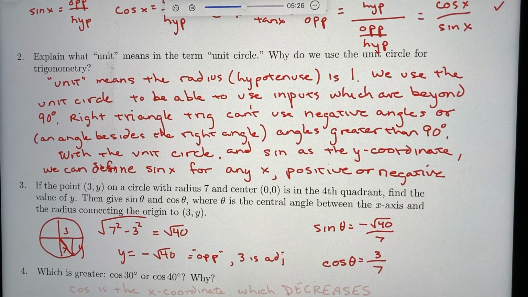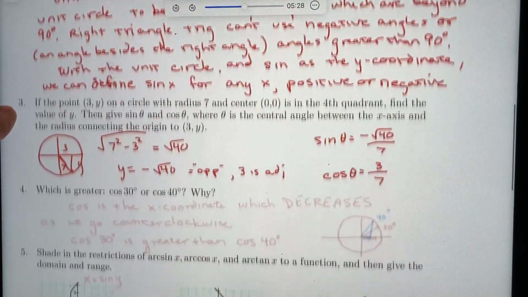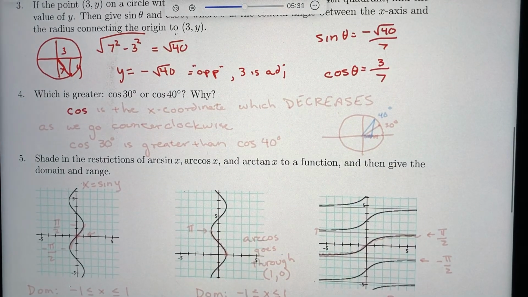Okay, which is greater, cosine of 30 or cosine of 40? Cosine is the x-coordinate, and that decreases as the circle is traversed around.